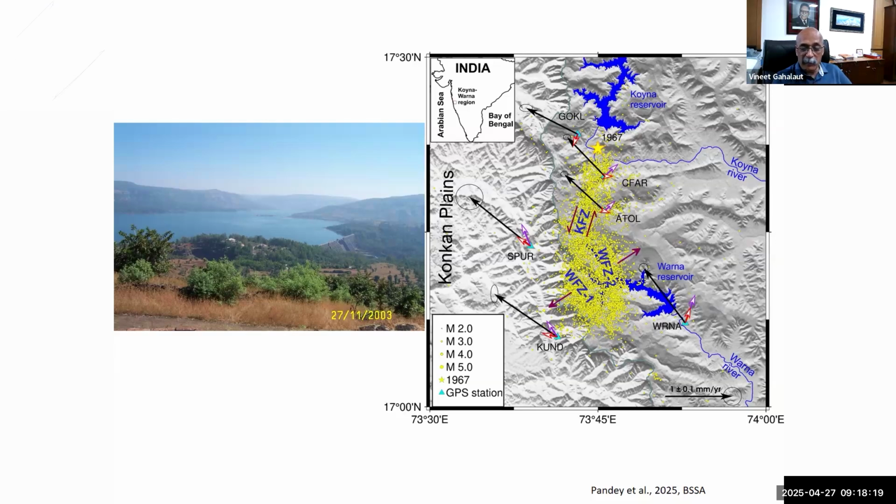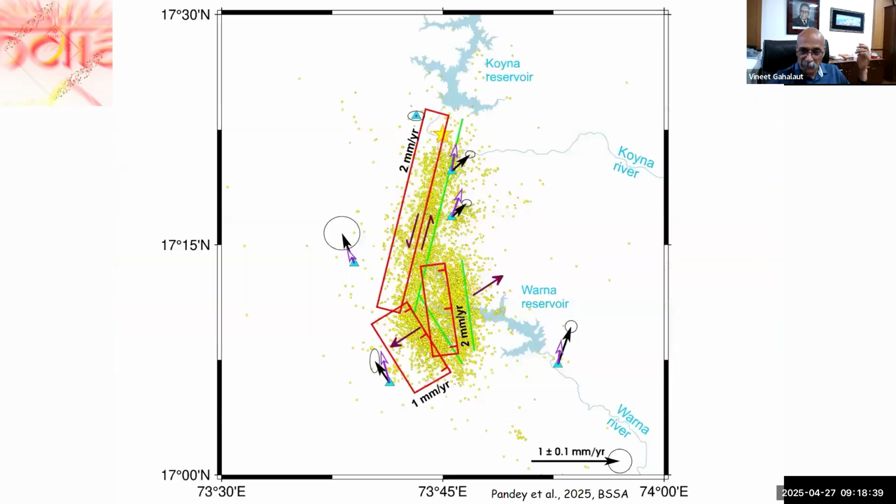Even if you compare it with New Madrid, they also talk about internal deformation of 0.2, 0.3 millimeter per year. So a surface deformation of 0.2 millimeter per year can also produce earthquakes. That's a big surprise to everybody. You can do a lot of modeling.